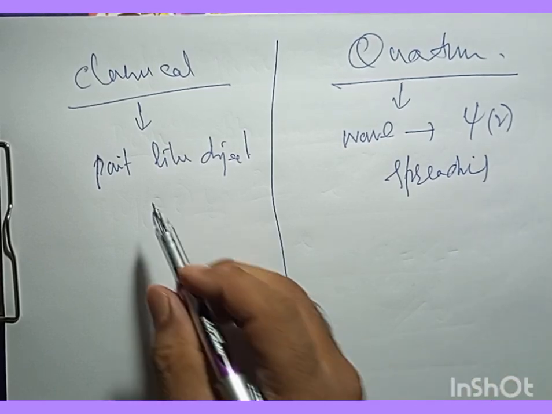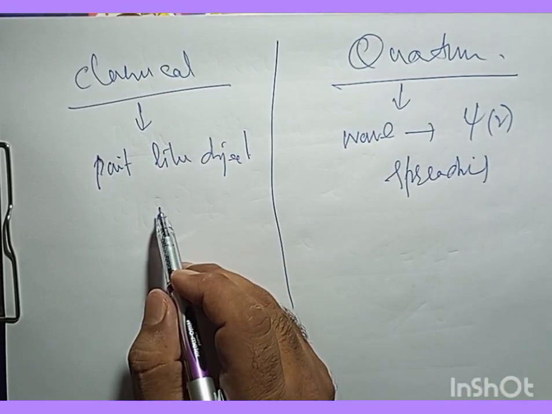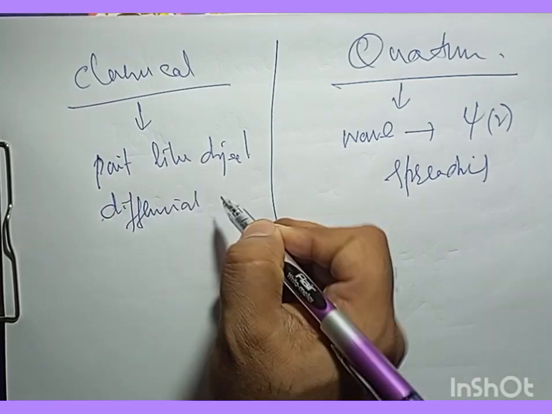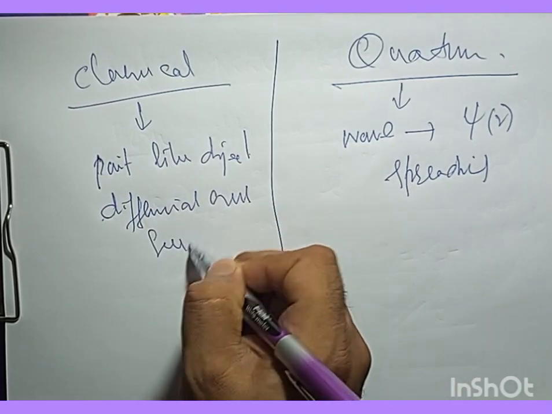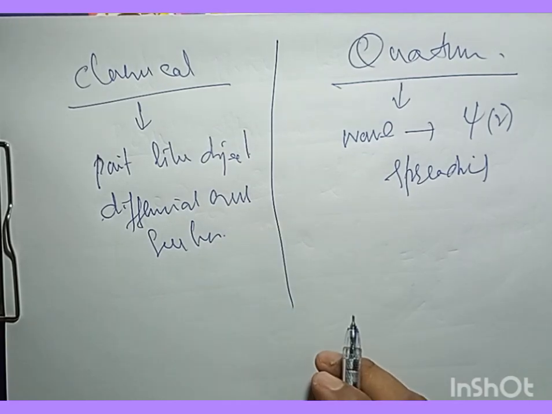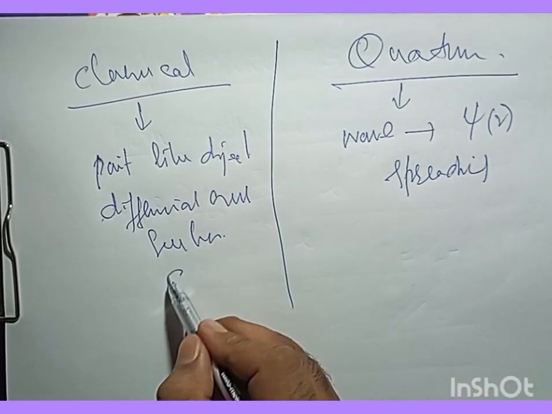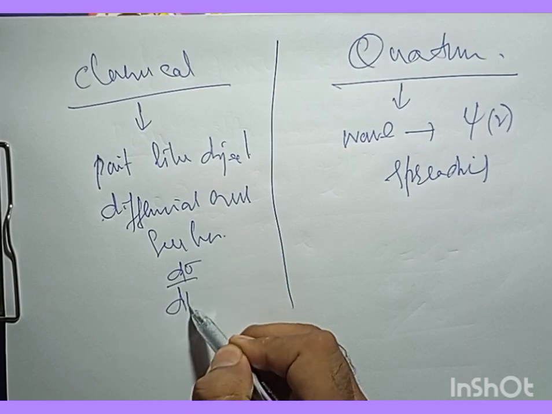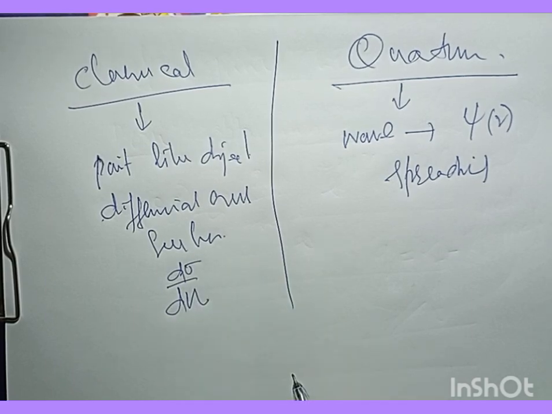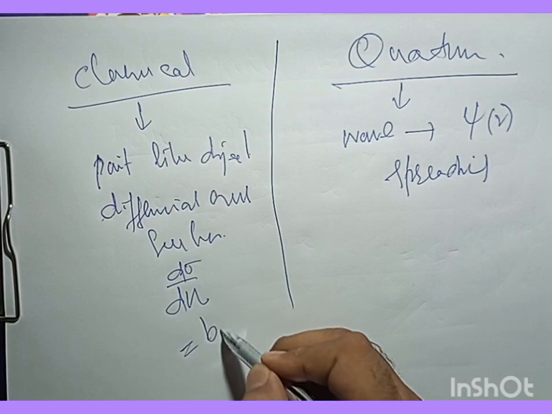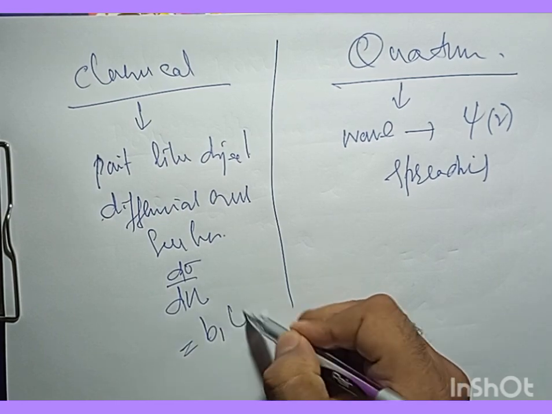And we have the classical differential cross section. Now, in classical scattering, this differential cross section, which I defined as d sigma by d omega, is determined by the relation between the impact parameter that I talked about and the scattering angle theta.